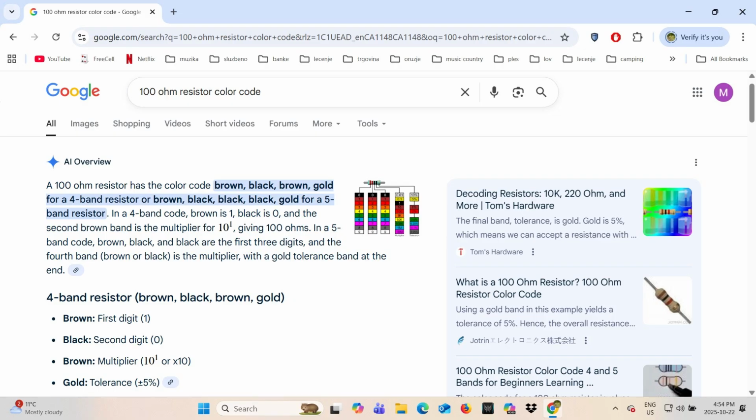In a 5-band code, brown, black, and black are the first 3 digits, and the fourth band, brown or black, is the multiplier. With a gold tolerance band at the end, 4-band resistor, brown, black, brown, gold, brown. First digit, 1, black. Second digit, 0, brown. Multiplier 10 to the power of 1 or 10 gold. Tolerance, plus or minus 5%. Thanks, Google babe.